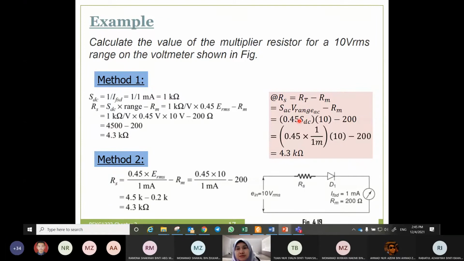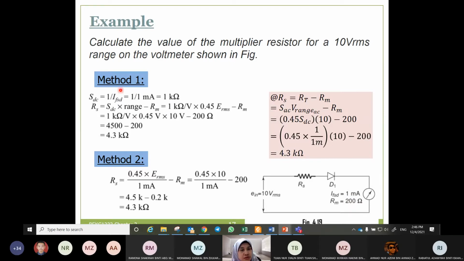Okay, and then multiply with V range AC, VAC, so it is given 10 V, so 10 VRMS is equal to AC signal. Multiply with 10 minus Rm is given 200. So SDC is equal to 1 over I FSD, or I total of the circuit. Here I total is equal to 1 milli. Okay, and then we get 4.3 kilo ohm.